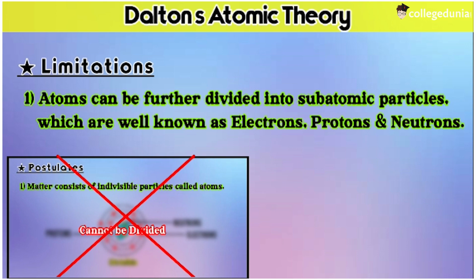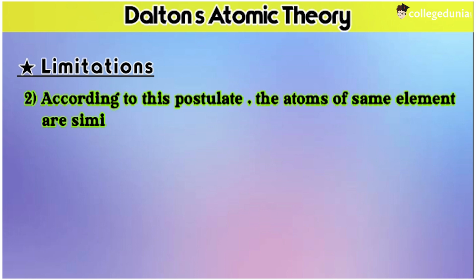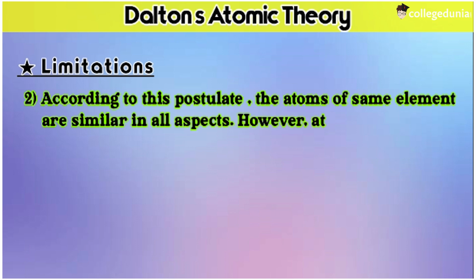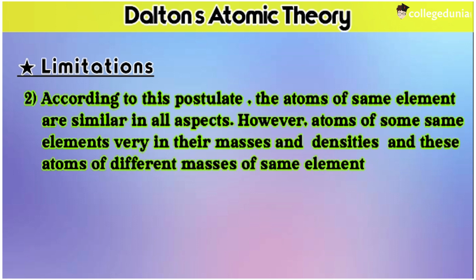The second limitation is that, according to this postulate, the atoms of the same element are similar in all aspects. However, atoms of some elements vary in their masses and densities, and these atoms of different masses of the same element are called isotopes.